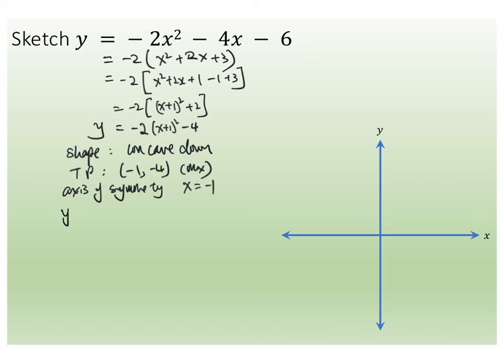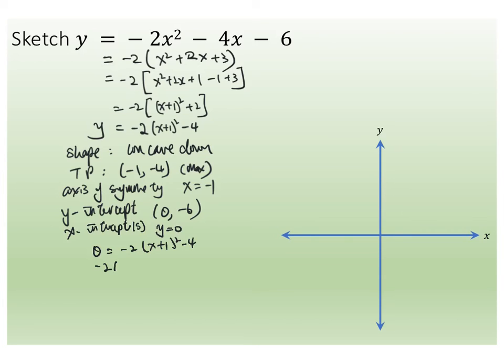And then the y-intercept from the general form is 0, minus 6. You know that the turning point is actually maximum and is actually below the x-axis. Therefore, there should be no x-intercept. Let's confirm. X-intercept. When y equals to 0, 0 equals to minus 2 (x plus 1) squared minus 4.